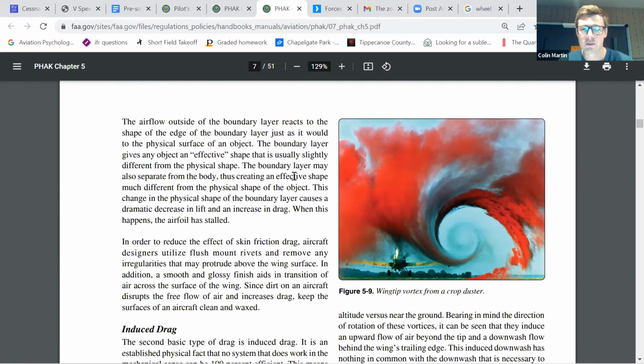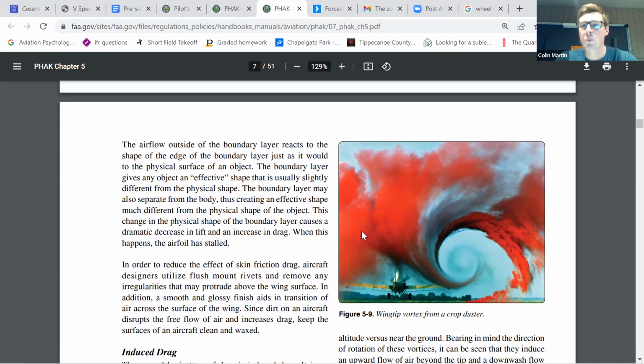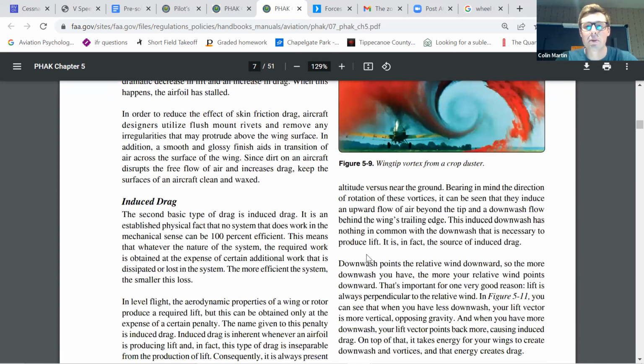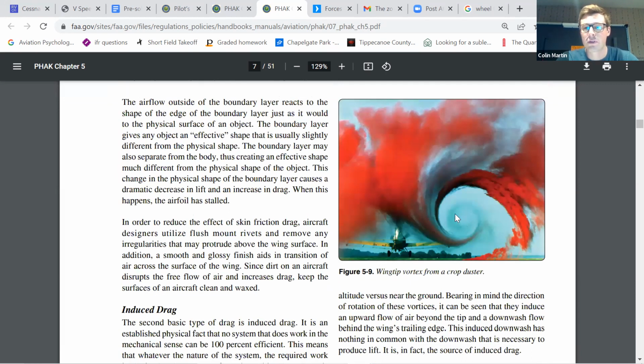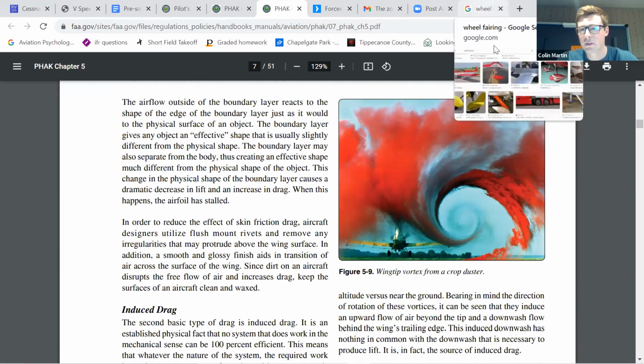Induced drag is something you're always going to have. It's a byproduct of lift. Whenever we're creating lift with the airplane, we're going to have some form of induced drag. Okay. Have you ever seen a video of an airplane with wingtip vortices, where they have circles going off their wingtips?